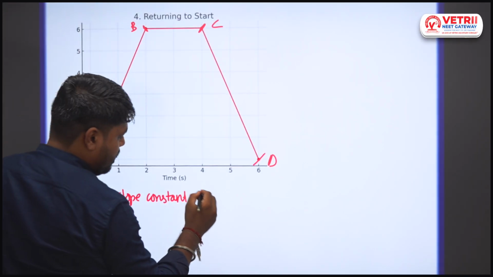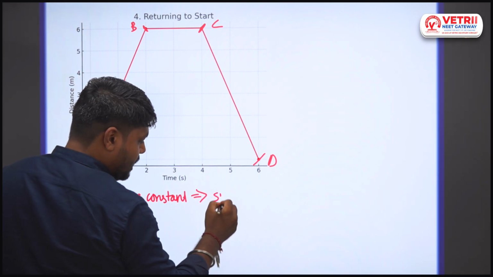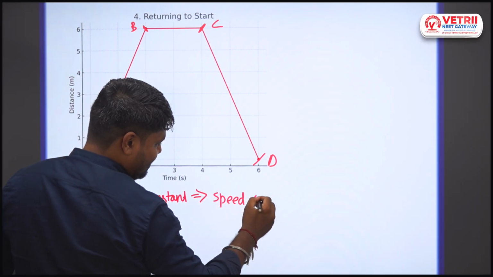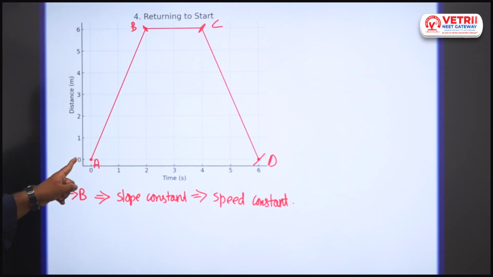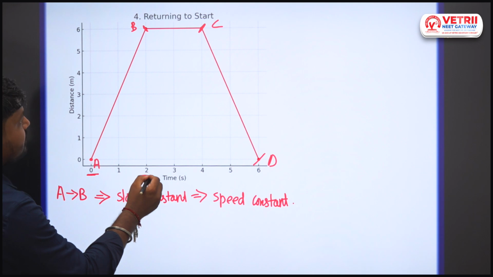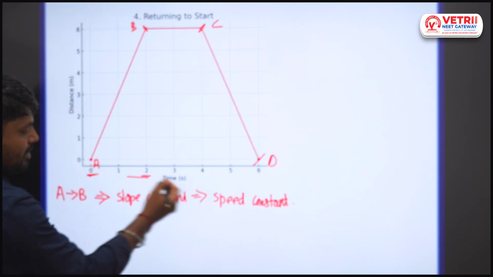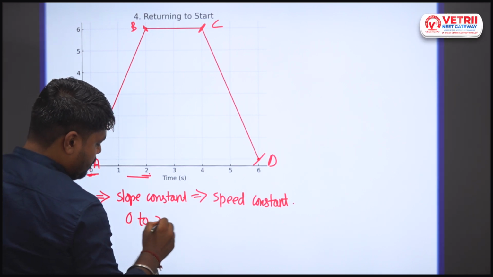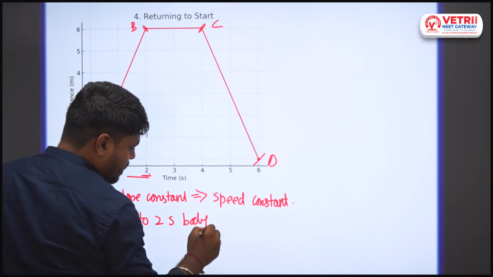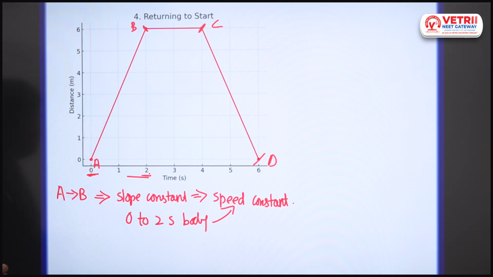Distance time graph. So in distance graph, what is slope? Speed. So speed constant, which means the body traveled from 0 to 2 seconds with constant speed.